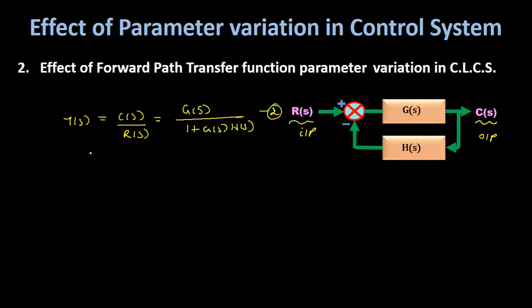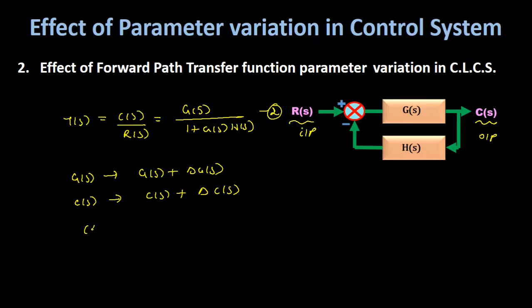Now let us assume that the forward path transfer function G(s) changes from G(s) to G(s) plus del G(s), and the corresponding change in the output response is C(s) to C(s) plus del C(s). Now we will put C(s) plus del C(s) and G(s) plus del G(s) in equation number 2.